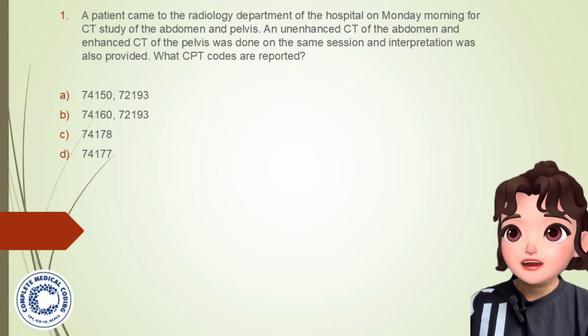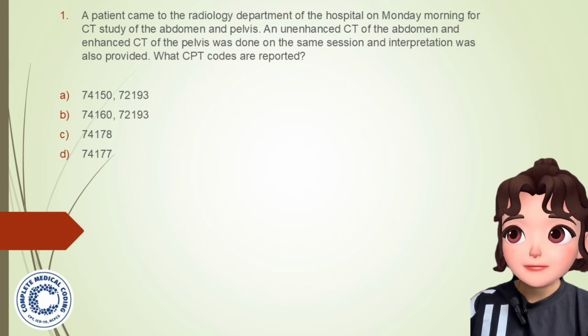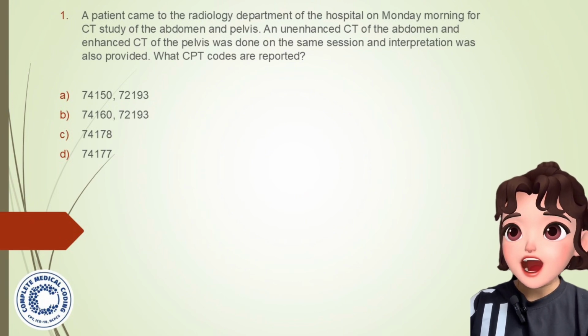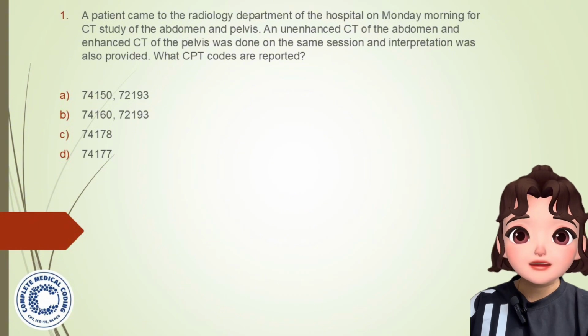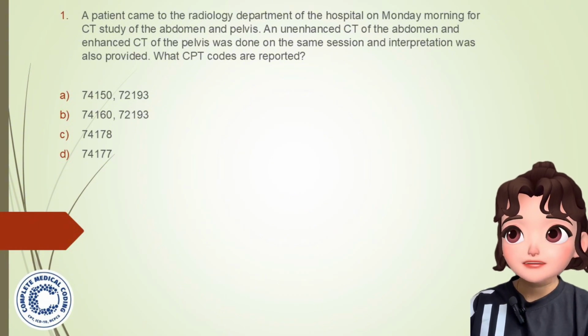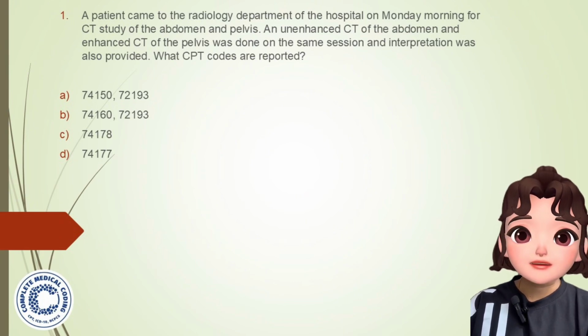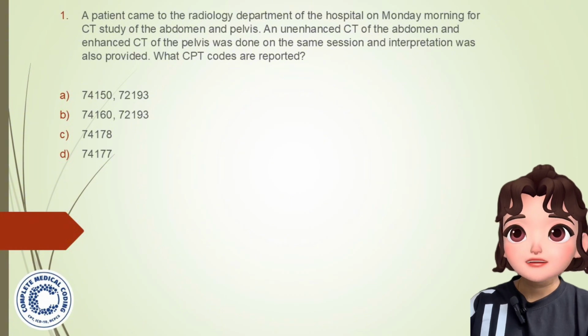So here the CT scan of abdomen and pelvis was done, but for the abdomen it was unenhanced CT, meaning without contrast, and for the pelvis it is with contrast. Enhanced CT means with contrast. When I had taken the radiological session before, I think I had mentioned such types of questions.